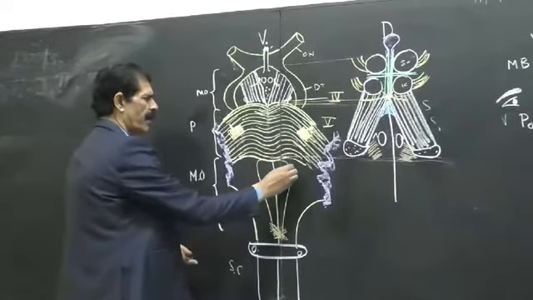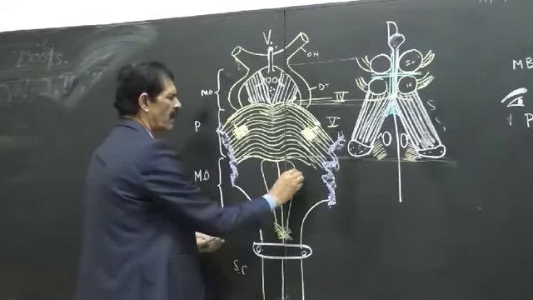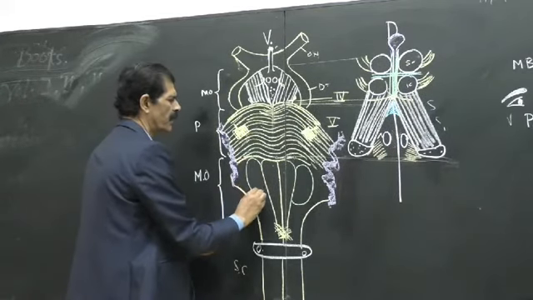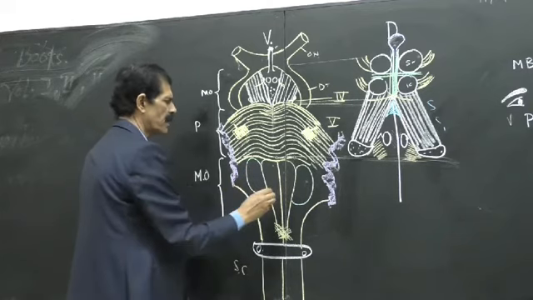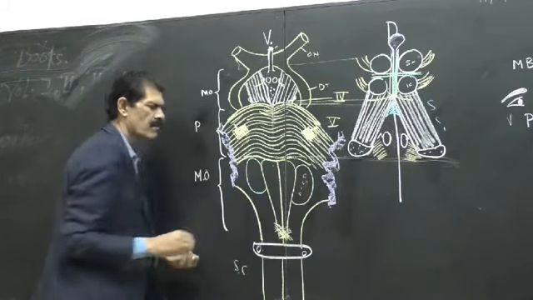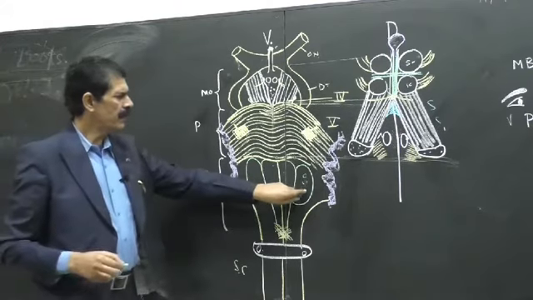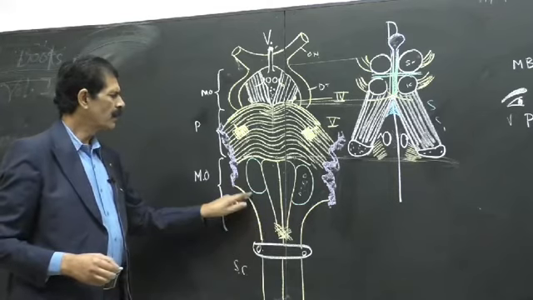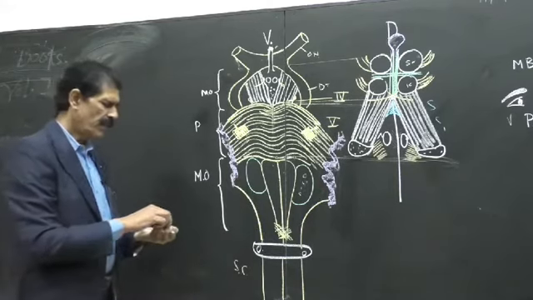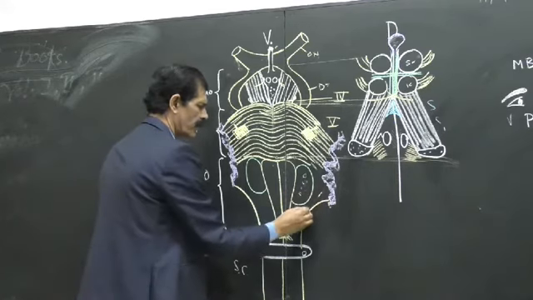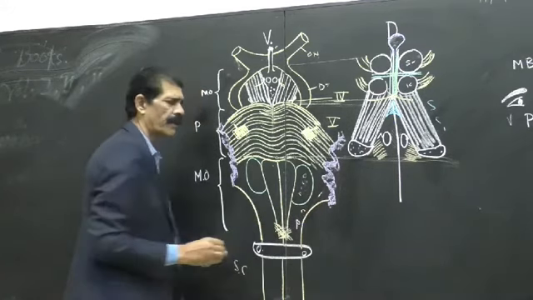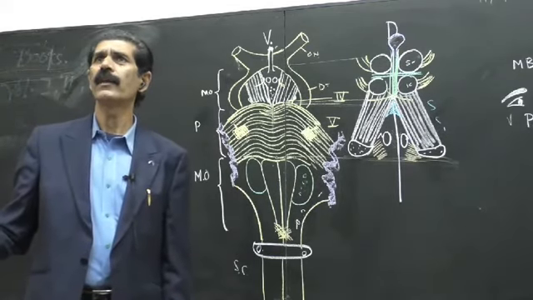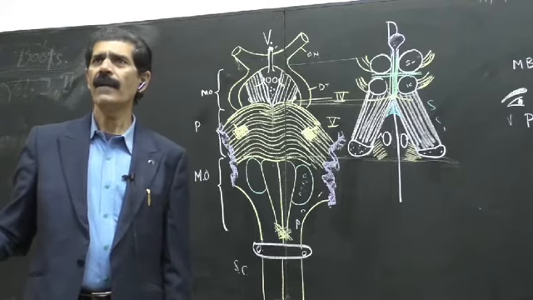Then on either side of the pyramid, there are two olive seed-like elevations because of the presence of the inferior olivary nucleus deep to it. This is called the olive. Then lateral to the olive, the lateral part of the medulla oblongata is called the inferior cerebellar peduncle. It contains about a dozen afferent and efferent fibers.